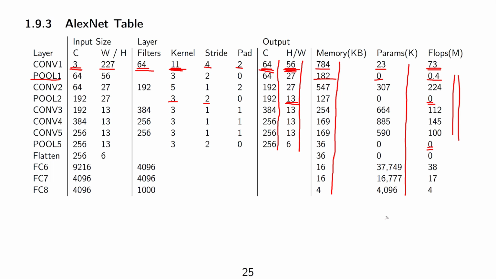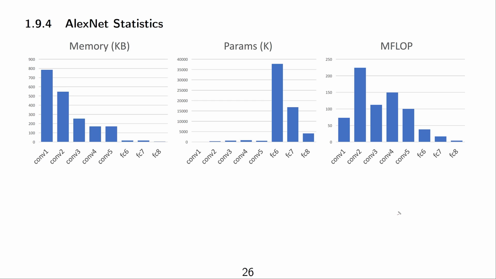This makes sense if we go back to the lecture about convolutions, where we said that weight sharing is an important aspect of convolution because weight sharing drastically reduces the number of trainable parameters. This is what we can observe here. Again, this trend visualized in a different way.